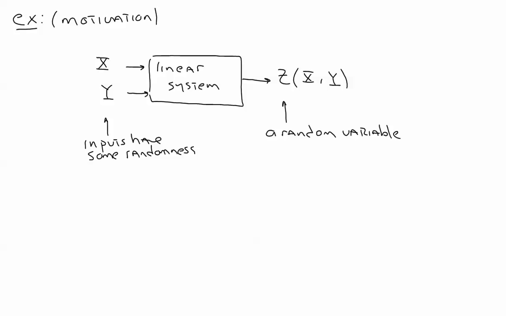Z is a random variable if x and y are random variables. And just for clarity, let me just say this is my output side, and over here are my inputs.